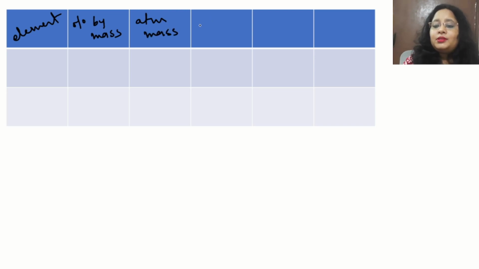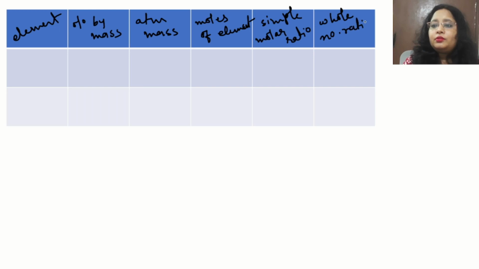Fourth column is moles of element. Next column is simple molar ratio. Next column is whole number ratio. So let's fill the grid.